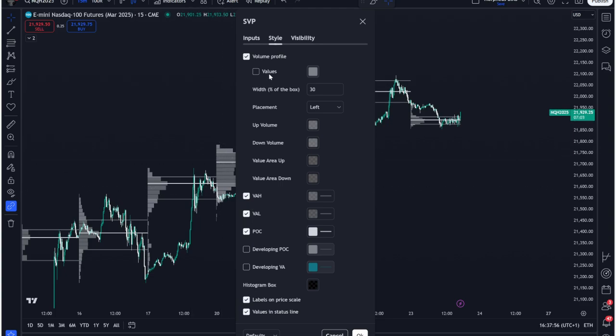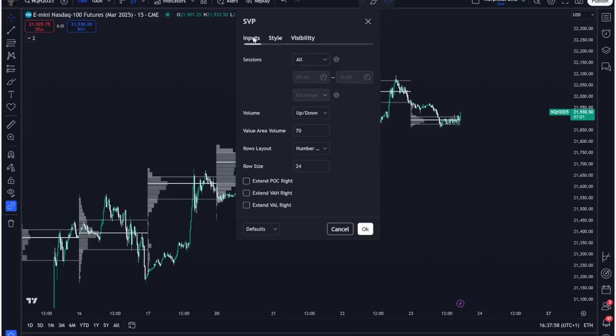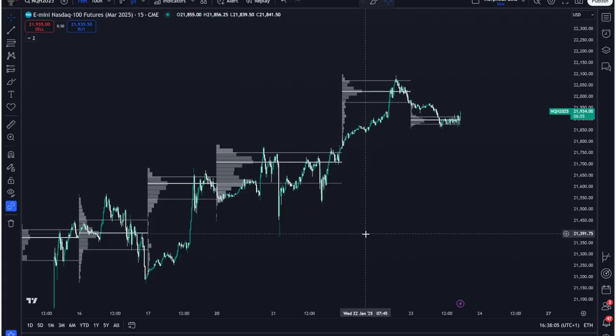You don't need values because these are not actual volume. Let's go to inputs, and you can put row size to 100. This is what I actually use, and I'm using TradingView a lot because it's really user-friendly. I don't need this to show the exact point where the contracts are exchanged. I use this as a reference.